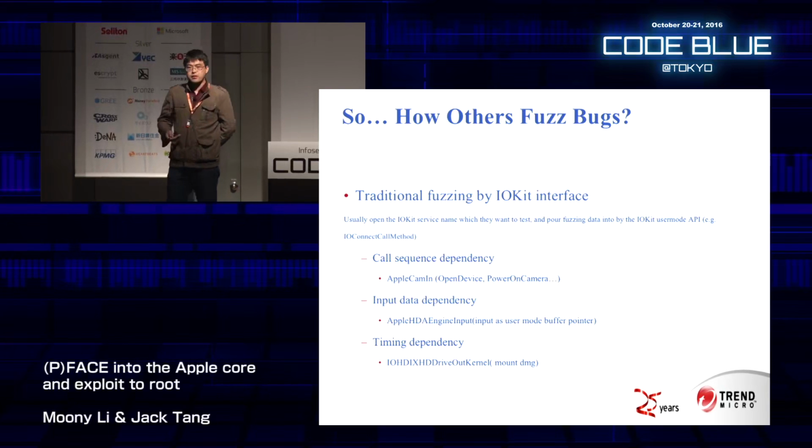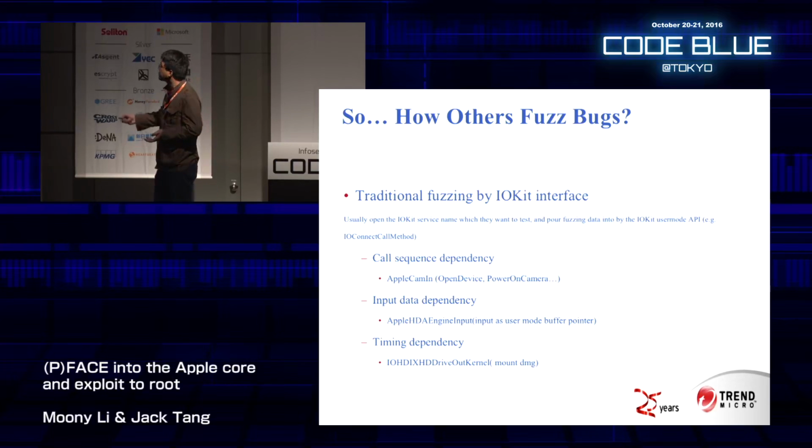However, there exist several condition dependencies, as we have seen. We have categorized the condition dependencies into 3 categories: the call sequence dependency, the input dependency, and the timing dependency.